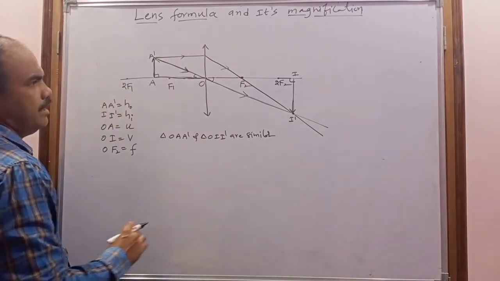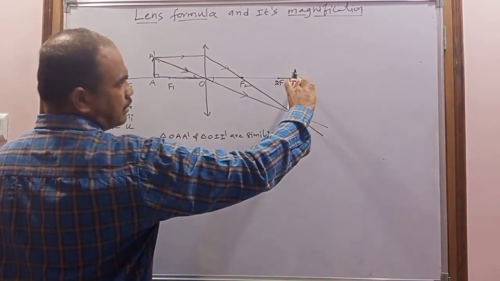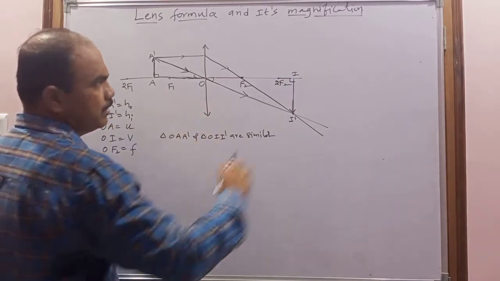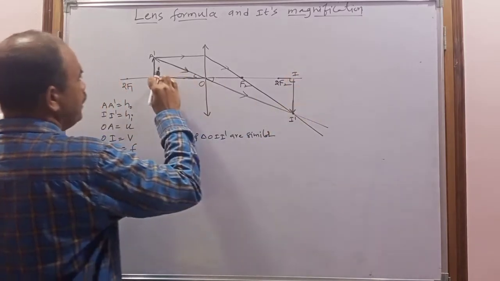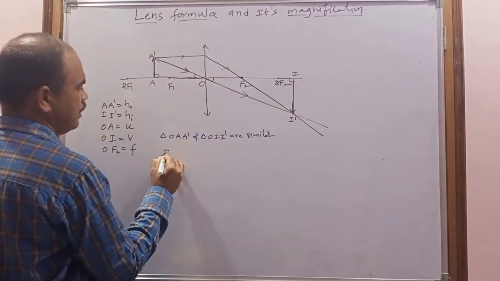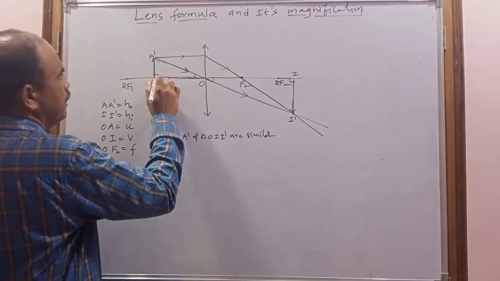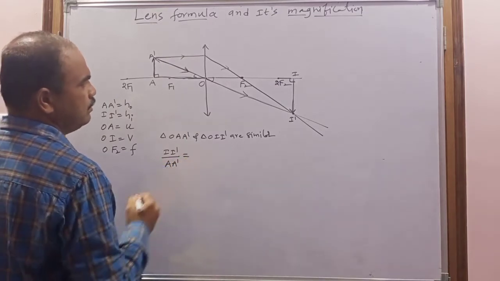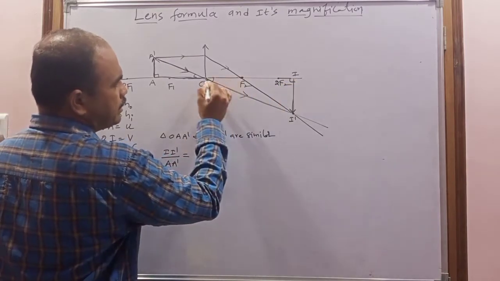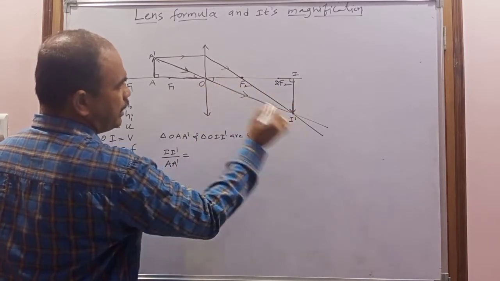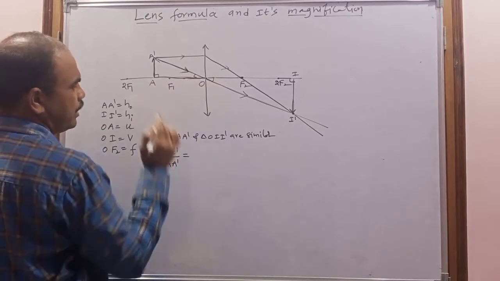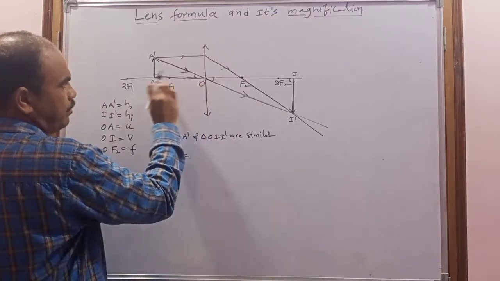So what are the sides here? I am taking the corresponding sides, whose ratios are the same. So I'A' by I'A', is equal to OI, this side in the triangle OII', and the alternate side is nothing but OA, in this side OA' will be OA.